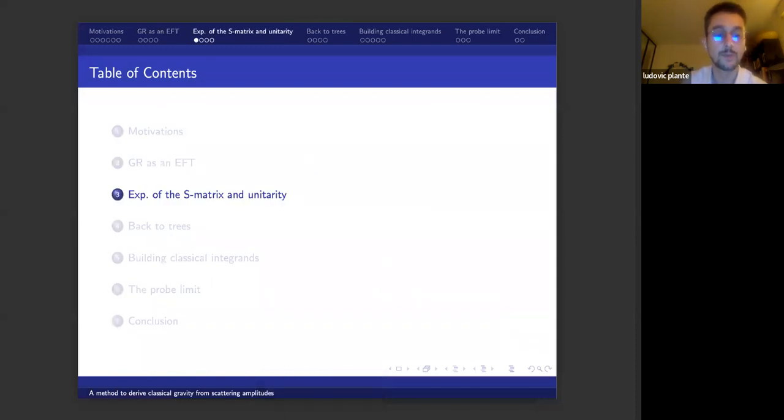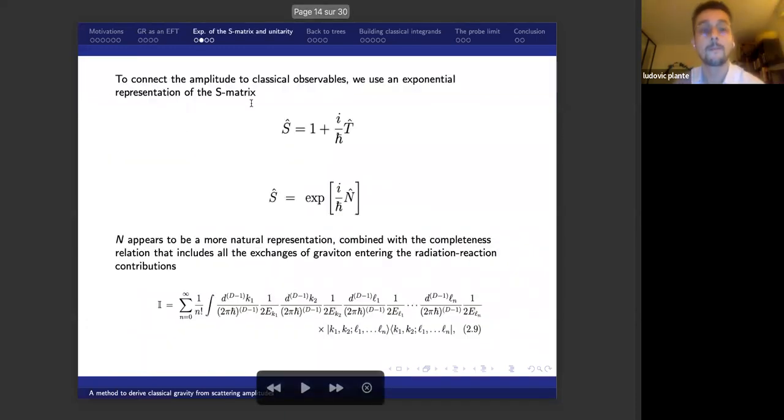To do that, we do an exponentiation of the S matrix. You know that the S operator can be written as 1 plus i over h bar T, where T is a transition operator which is directly linked to scattering amplitudes.